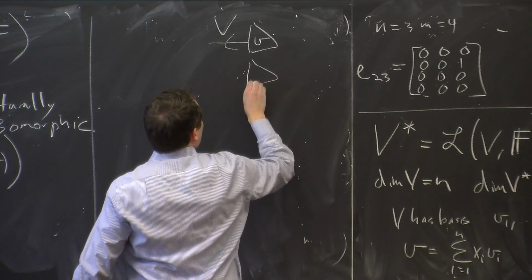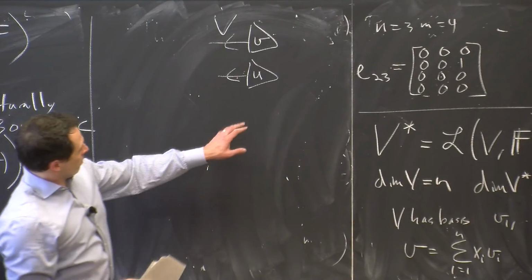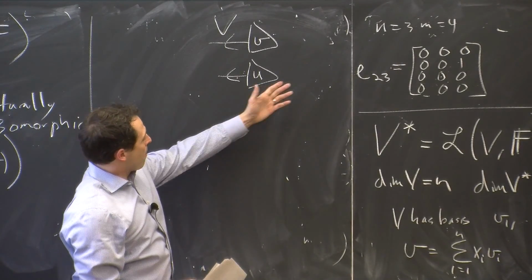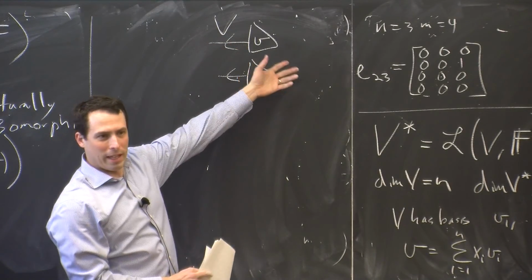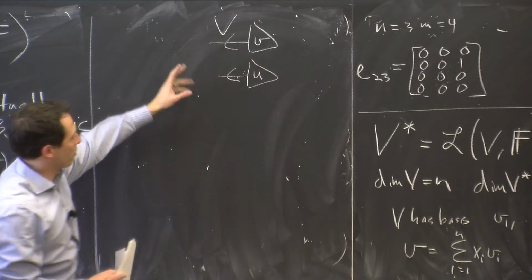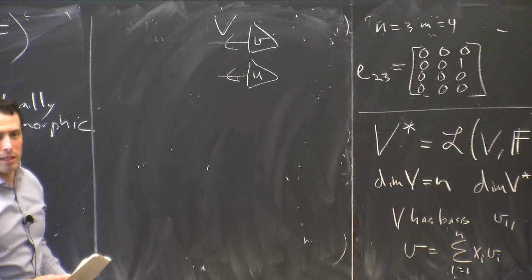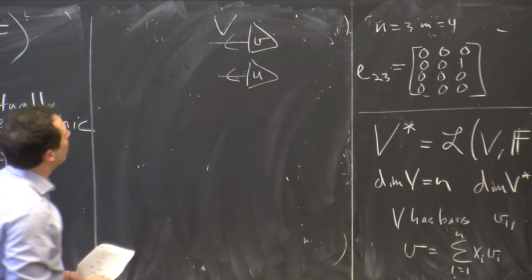If I have two vectors, there's no canonical way to create from this a map from the field to the field, which is the same thing as saying a field element. Multiplication by a field element is some map that goes from the blackboard to the blackboard. But there's no obvious way to plug these together unless I had the arrows somehow going against each other, which is not allowed.